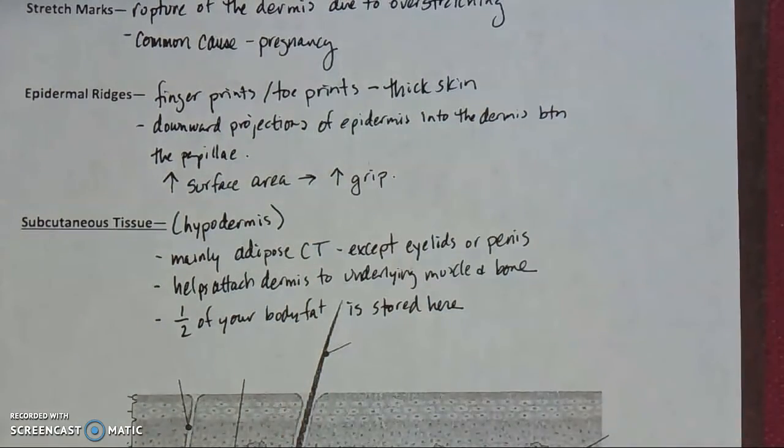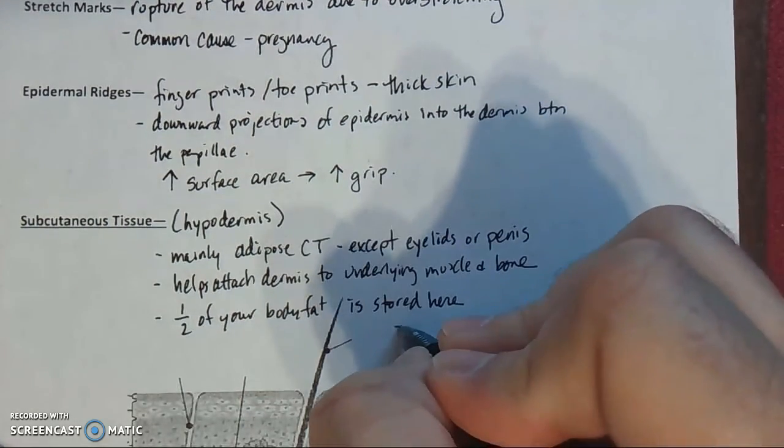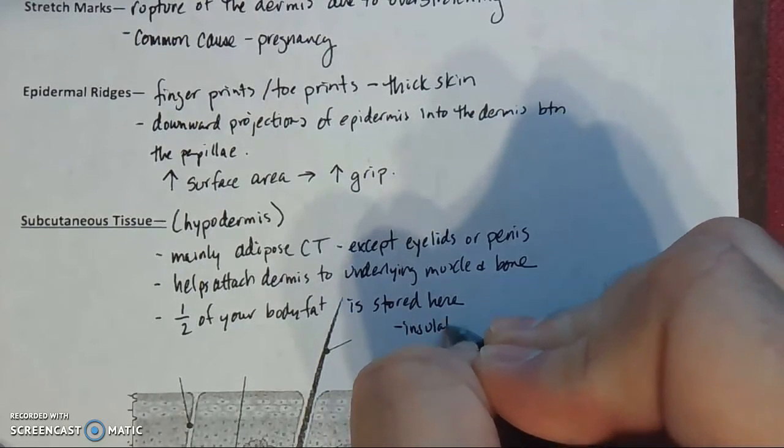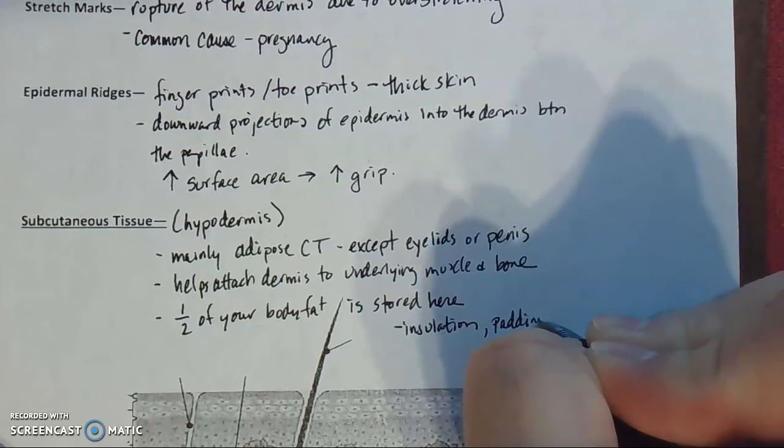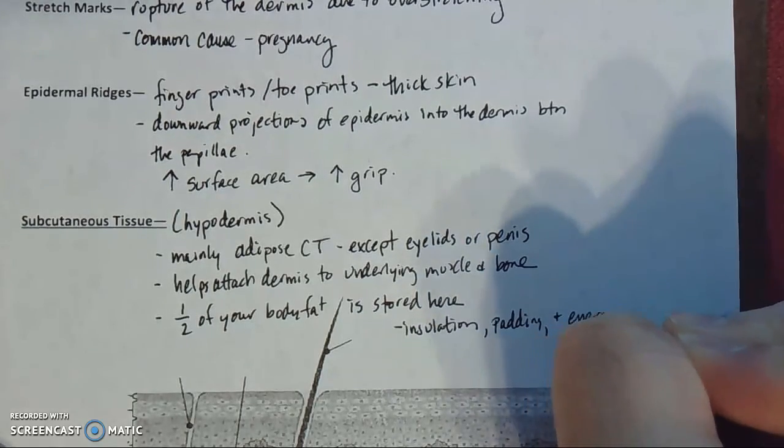That's not for somebody that is obese or grossly overweight. They are going to have a lot more fat stored in certain areas. But for a person of normal body weight, this is distributed all over your body except for eyelids, or if you're a guy, on your penis. So this provides insulation, padding, and energy storage.